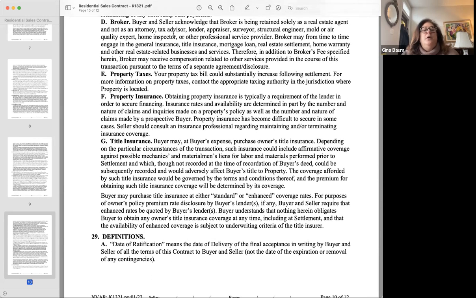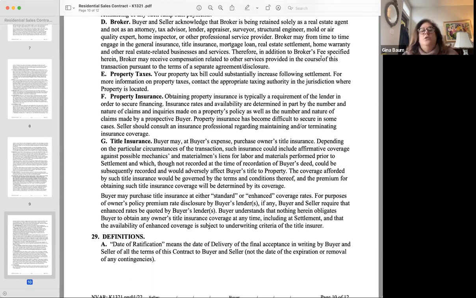Broker, buyer, and seller acknowledge that the broker is being retained solely as a real estate agent and not as an attorney, tax advisor, lender, appraiser, surveyor, structural engineer, mold or air quality expert, home inspector, or other professional service provider. Broker may from time to time engage in the general insurance, title insurance, mortgage loan, real estate settlement, home warranty, and other real estate business services.